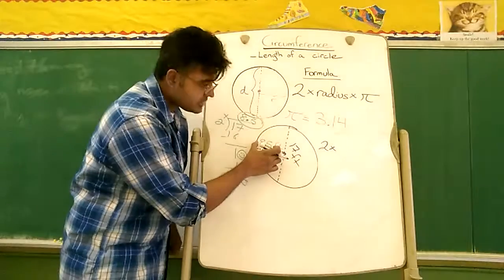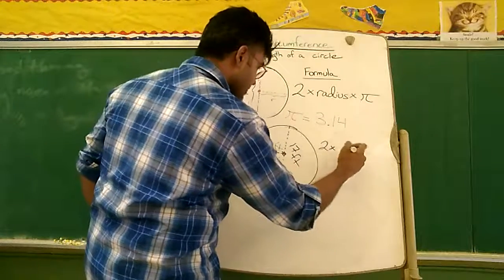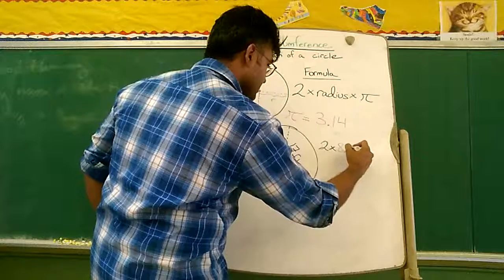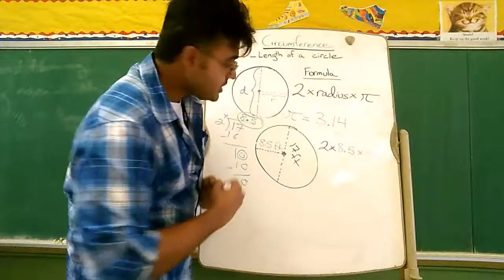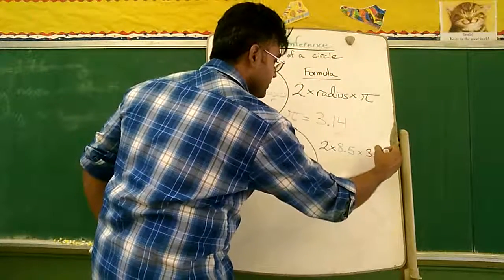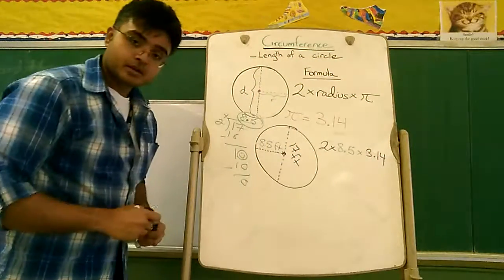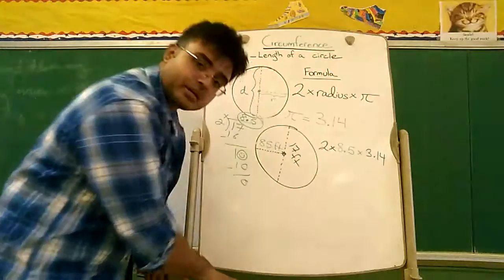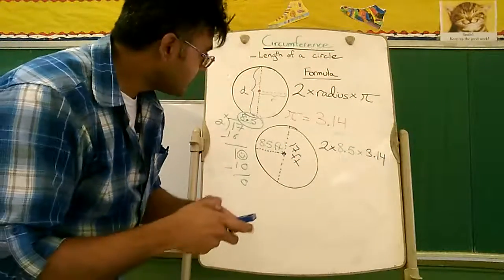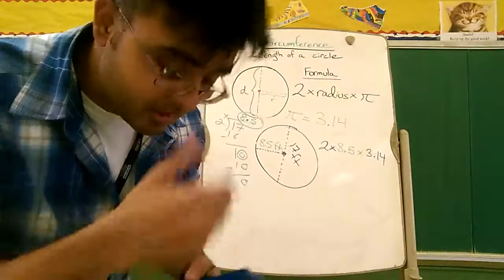So now I'm going to take this number, multiplied by 2 here, 8.5 feet. And of course, we're going to multiply this whole thing out by pi, which is 3.14. And now, let's multiply all this out, and we'll get our answer. I'll use my calculator again. It's faster. But you guys had to do it with your hand, okay?